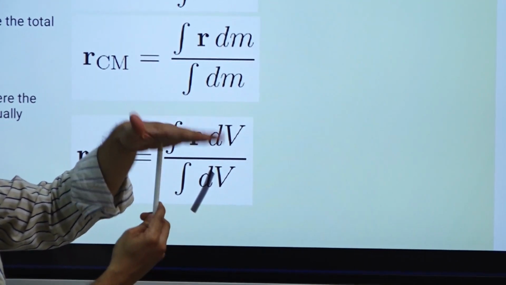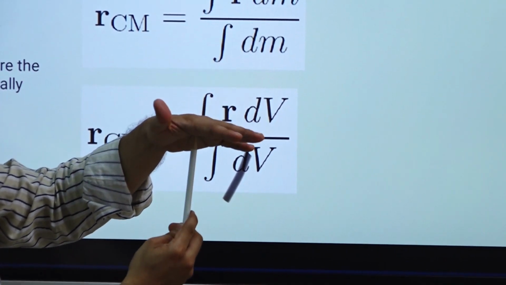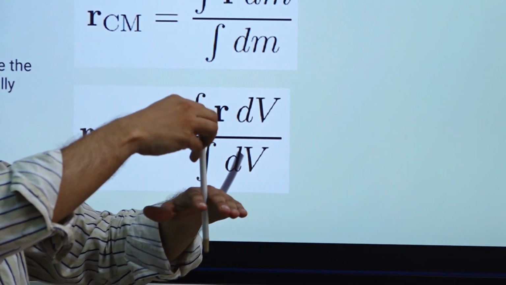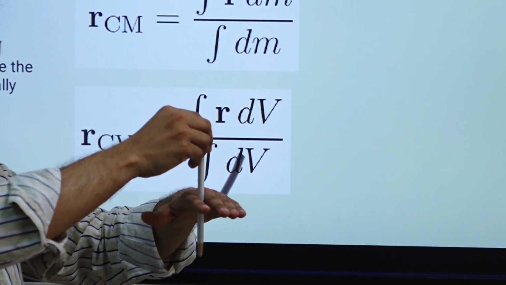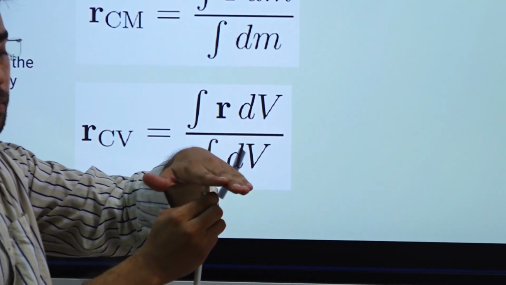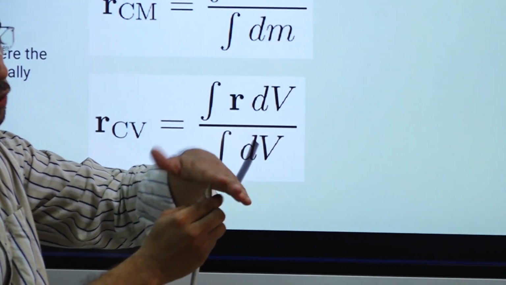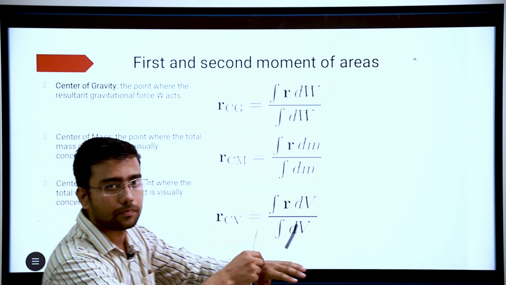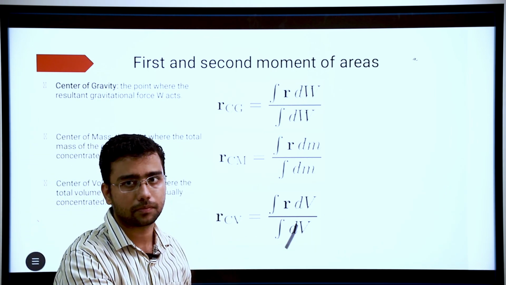Okay, but the center of gravity will pass through this point, okay? Suppose this whole thing is the point of center of gravity, right? Because you can make this palm static if you put this pen here, but the center of mass will be inside the mass, okay.